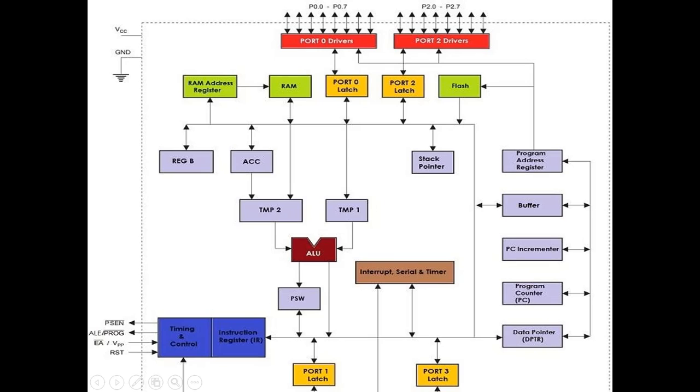The A register is called the accumulator because almost all the operations carried out by the ALU of a microcontroller use the A register by default. That's why A is also called the accumulator, and register B is another operand register used here. We also use 2 temporary registers, which are useful for storing temporary data before performing any operations.